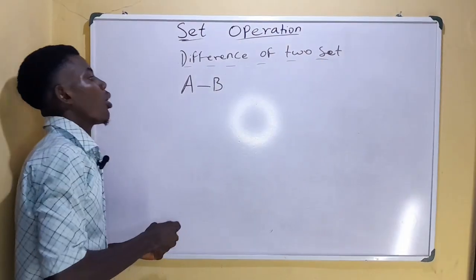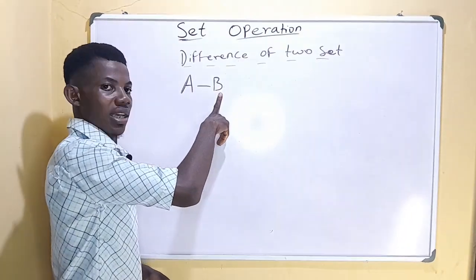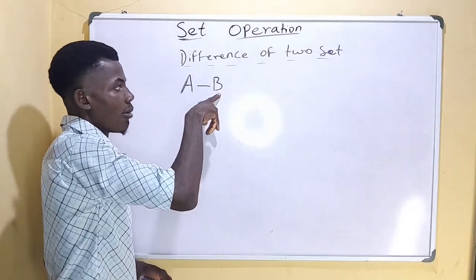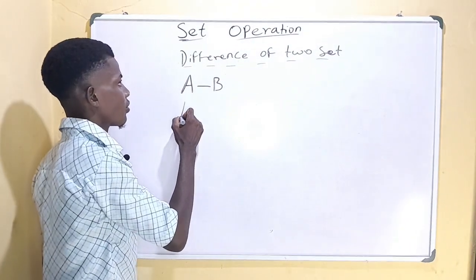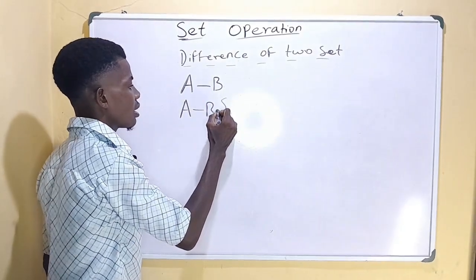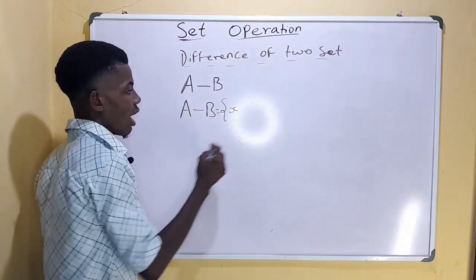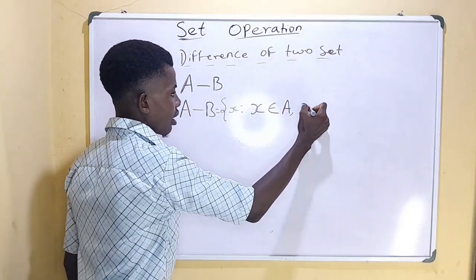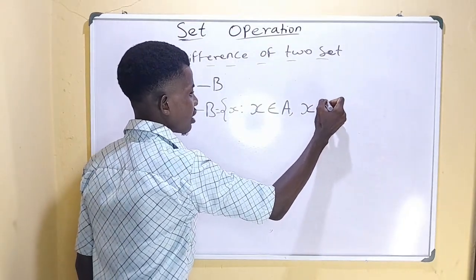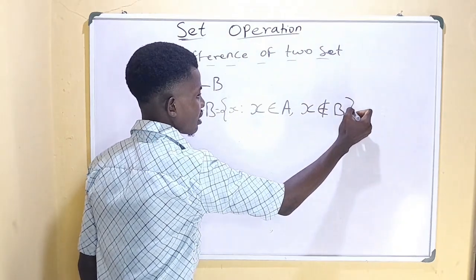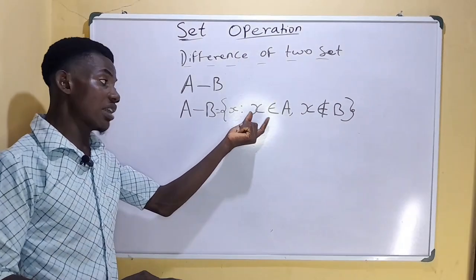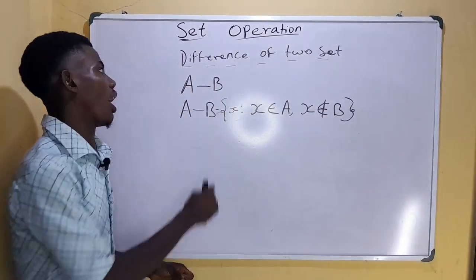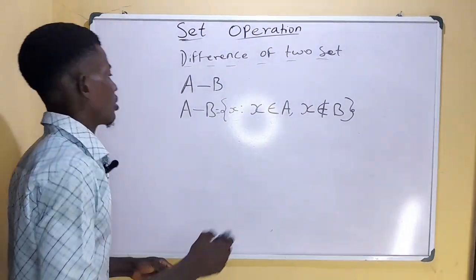This means all the elements in A that are not in B. Some people will say all the elements in A minus the elements in B. We can define the difference of two sets by saying x such that x is an element in A, x is not an element in B. Those elements that are in A but not in B are called the difference of two sets.